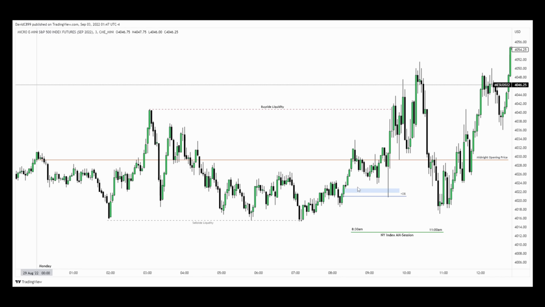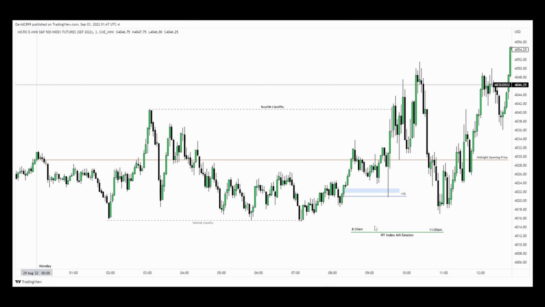We have relatively clear targets. We are targeting the buy side liquidity here, and you can see that price is moving higher aggressively into our target.